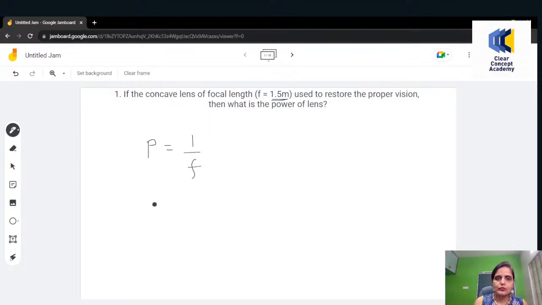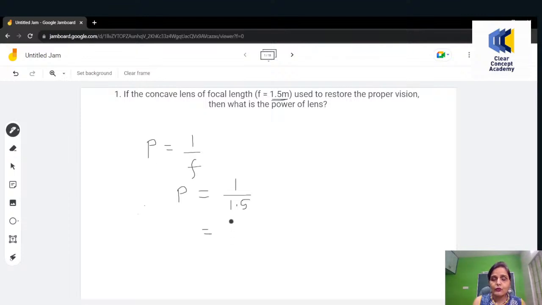So what are we supposed to do? We simply substitute the value of focal length in this formula. So we get P is equal to 1 upon 1.5. I hope you are clear how we deal with decimal numbers at the denominator.